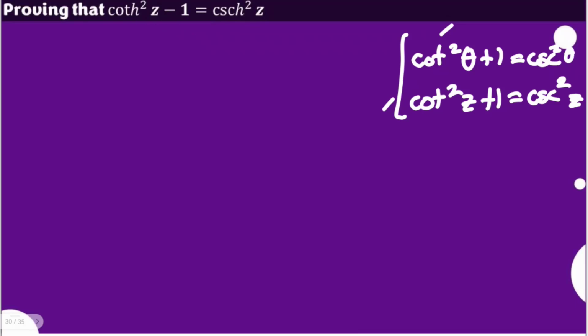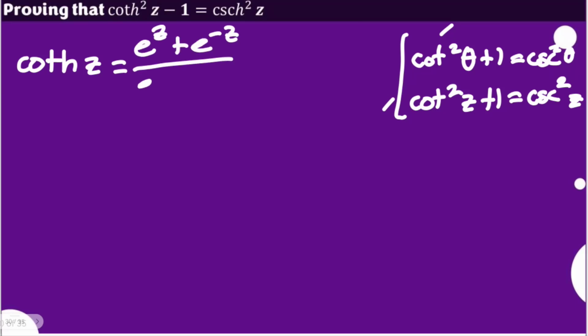Before we start with our proof, let's remember the equivalent form of the hyperbolic cotangent of z. It's the reciprocal of the hyperbolic tangent of z, which is equivalent to e to the power of z plus e to the power of negative z over e to the power of z minus e to the power of negative z.